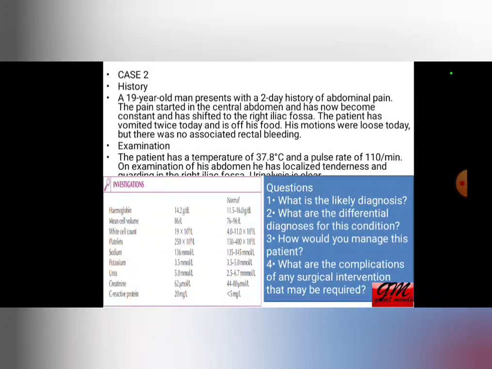Generally, acute appendicitis presents with a periumbilical pain or a central abdominal pain, and then later on it shifts to the right iliac fossa. The reason why it shifts is that the pain at the beginning is periumbilical.